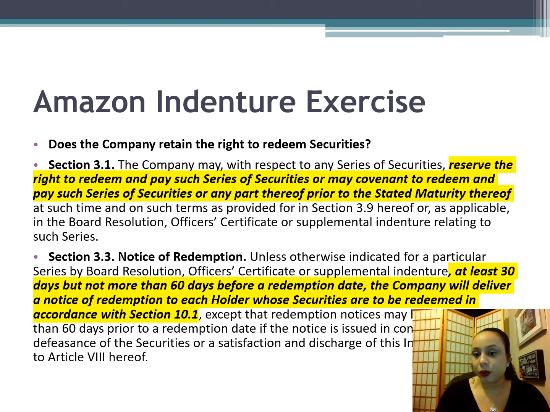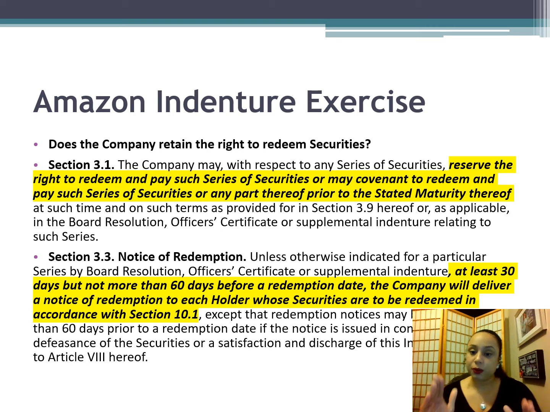In thinking about this right to redeem, you can also see an example of a notification requirement. Unless otherwise indicated for a particular series by board resolution, officer's certificate, or supplemental indenture, at least 30 days, but not more than 60 days before the redemption date, the company will deliver a notice of redemption to each holder whose securities are to be redeemed in accordance with 10.1.